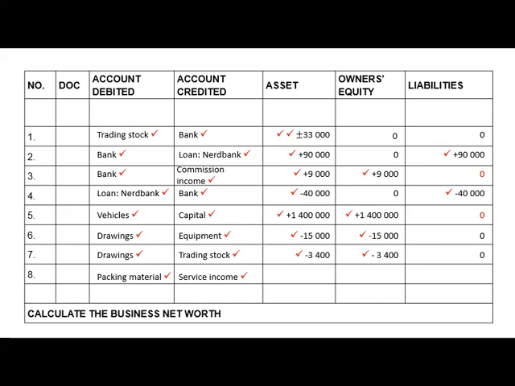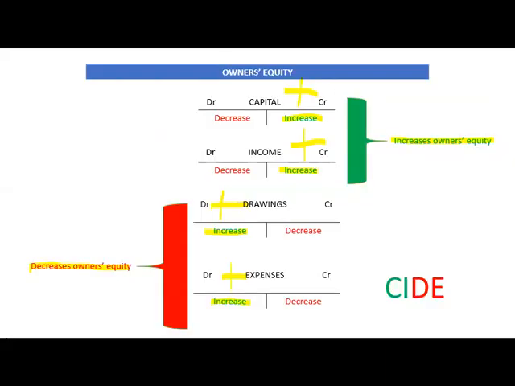None of these two accounts fall under assets, so assets will be 0, but both of them fall under owner's equity. One, which is fee income, is increasing on the credit side, so it increases owner's equity. One of which is an expense, packing material. Packing material reduces owner's equity.